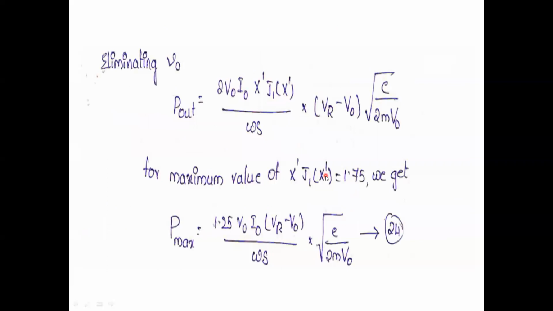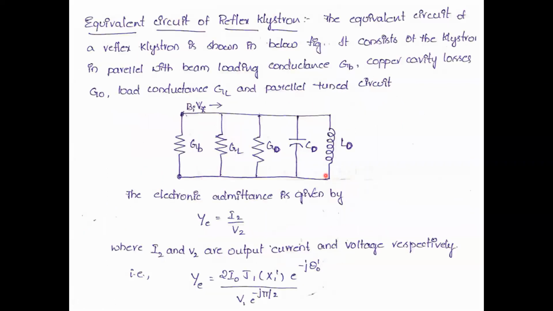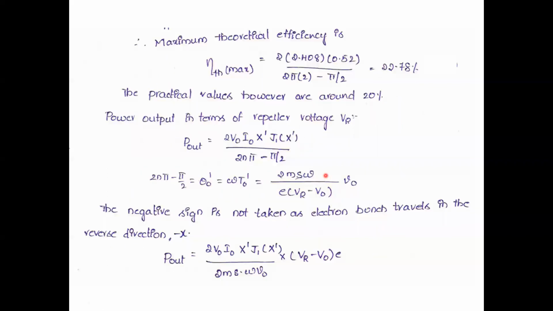Next, let me move to some additional treatment for this two cavity. Here I am writing the basic power output equation: 2v naught I naught j1 of x divided by 2n pi minus pi by 2. In this denominator, this is the transit angle theta naught, from our previous discussion omega t naught.